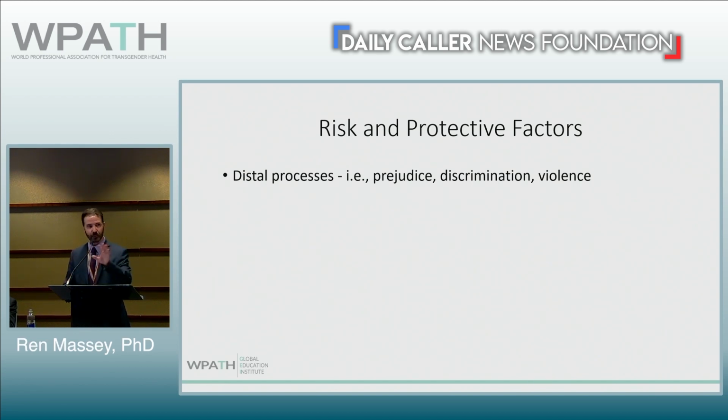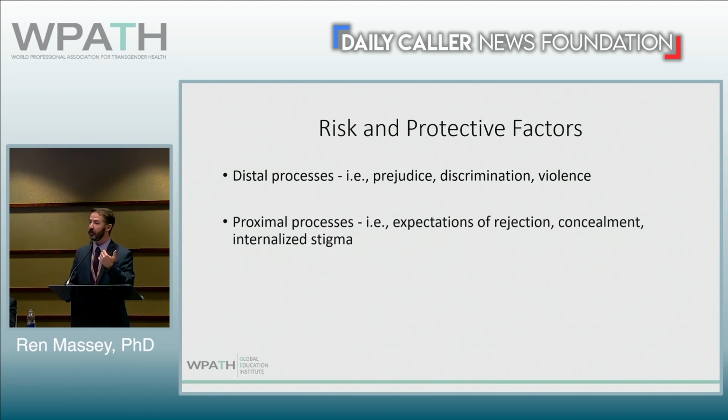So those external processes that people then internalize. They become things they expect or fear, expecting rejection. So trans folks, gender diverse people learn to hide and they have that internalized stigma because of hiding. Coping and social support is where we can make a huge, huge difference.